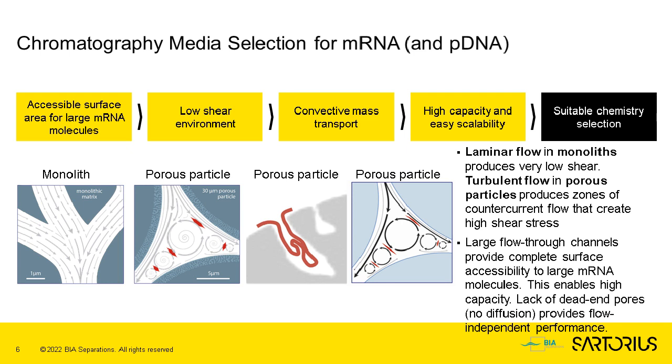And when I say this, I really refer to monolith chromatography, monoliths being typically polymethacrylates, polymer-based chromatographic devices with interconnected flow channels of the size from between 1.3 micron to 2 micron, ranging all the way up to 6 micron for very large plasmid DNA or mRNA, which can easily accommodate a molecule of the size of mRNA, which can bind mRNA based on convective mass transport rather than diffusive mass transport, meaning that we can easily deliver the molecule to the binding sites with flow and then dissociate it immediately and not have this movement based on diffusion.